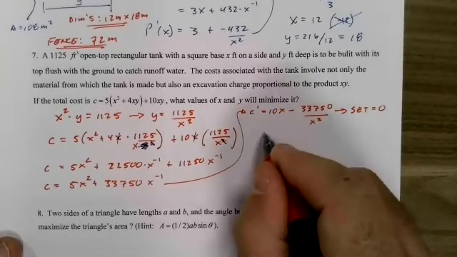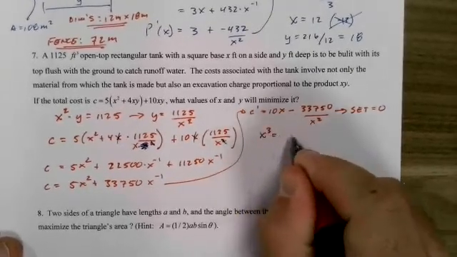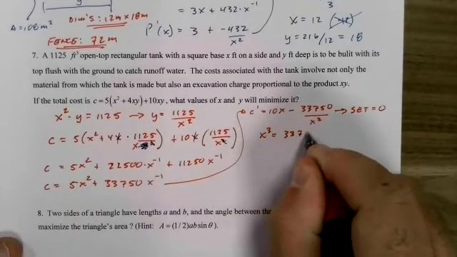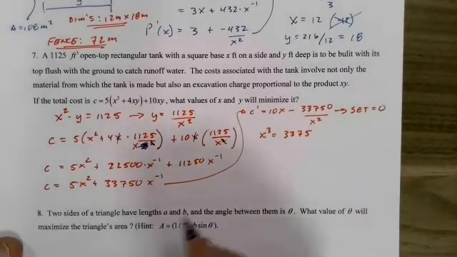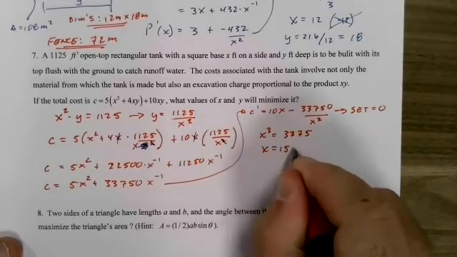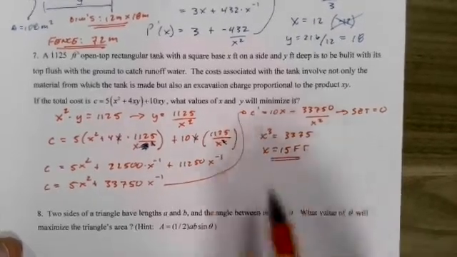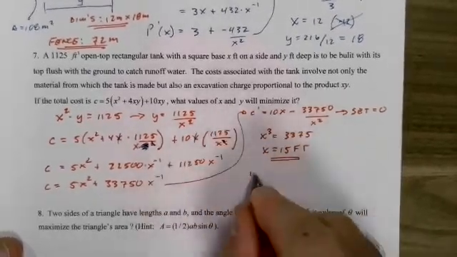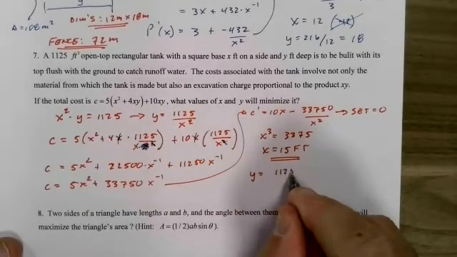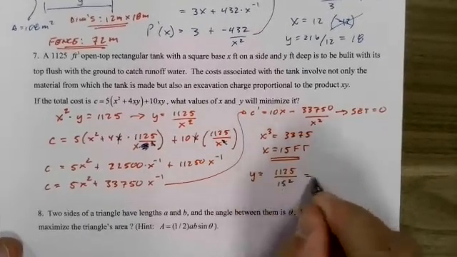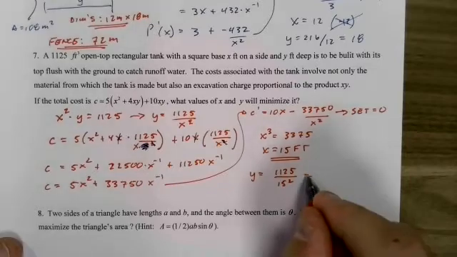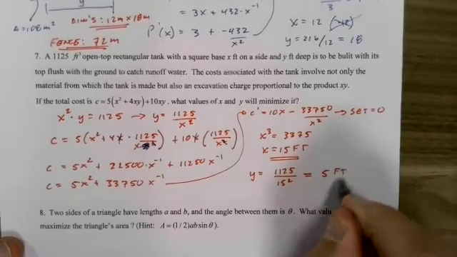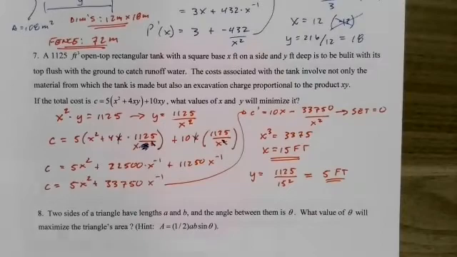Cross multiply, divide by 10, I get x cubed equals 3375. X equals, shockingly, 15 feet. So y equals 1125 over 15 squared equals 5 feet. Crazy math, crazy, crazy math.